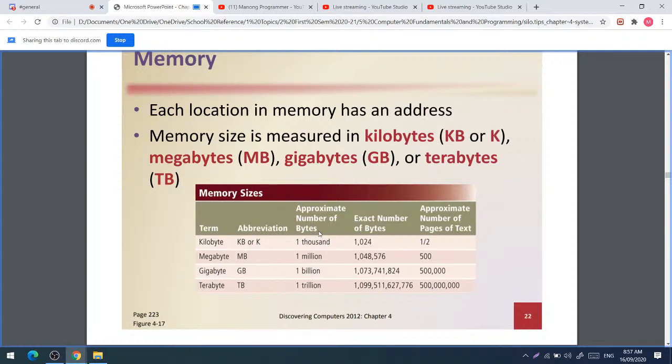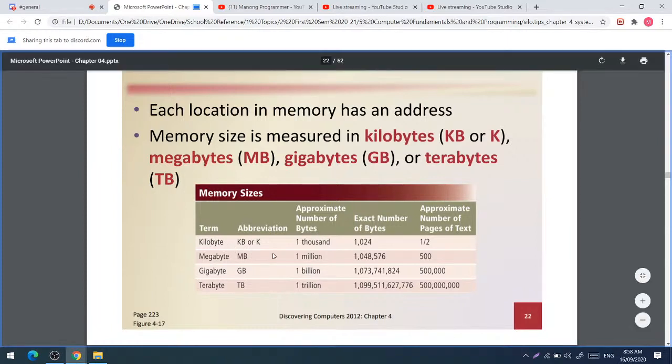This is also the reason why the flash drives and memory cards we buy seem short. I bought 8GB, but what shows on the computer is only 7.70, something like that. It is short because the factories base 1 kilobyte on 1,000. Well, in fact, that is wrong. When we say 1 KB, that is actually 1024. Imagine the 24 bits that are not counted in the storage they make. So, KB or K, that is 1,000. Megabyte or MB, that is 1 million.